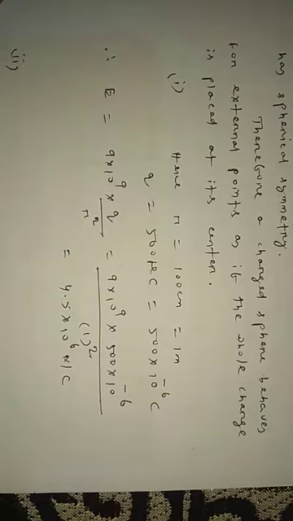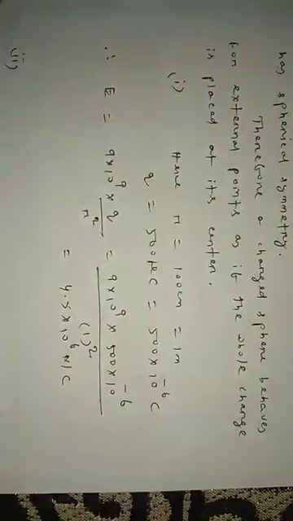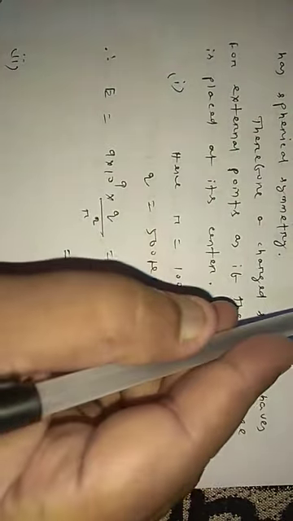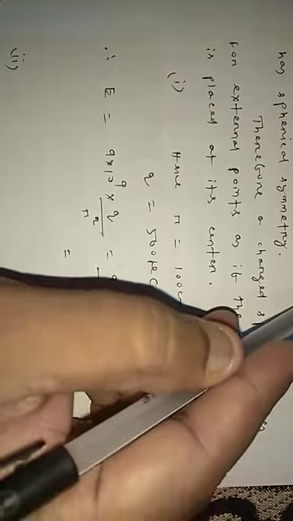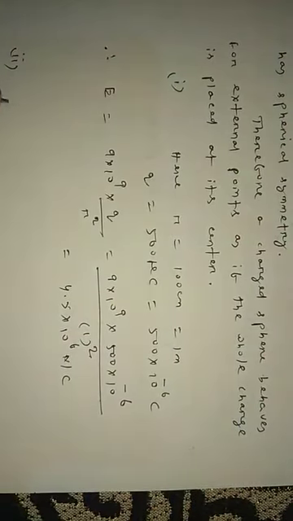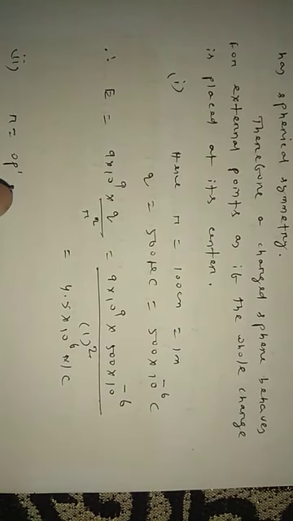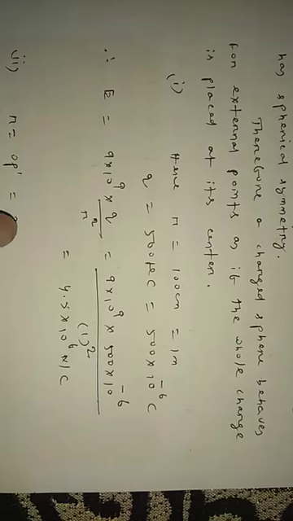Okay. Then question number 2. At the surface of the sphere, the diameter of the hollow sphere is 60 centimeter, so the radius of the hollow sphere is 30 centimeter. R equal to OP prime equal to 30 centimeter.